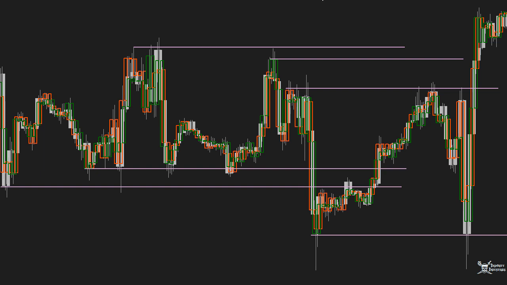The next areas I'm going to mark on the chart are very important in terms of support and resistance, and that is where support becomes resistance or resistance becomes support. And these are the lines that let you know that you've got it right.